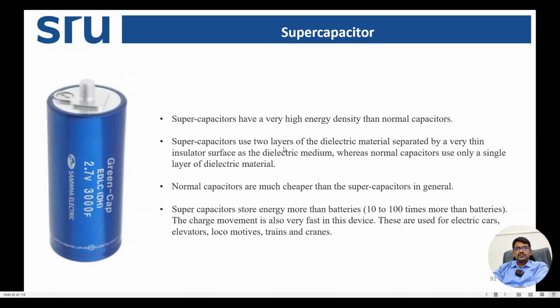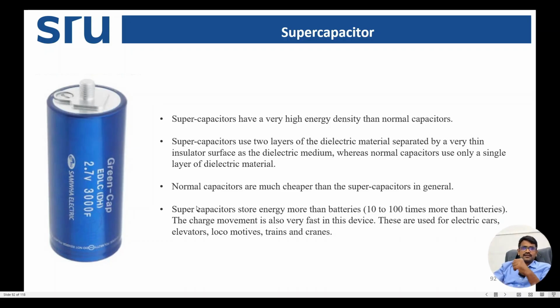Supercapacitors use two layers of dielectric material separated by a very thin insulator surface as the dielectric medium, whereas normal capacitors use only a single layer of dielectric material.